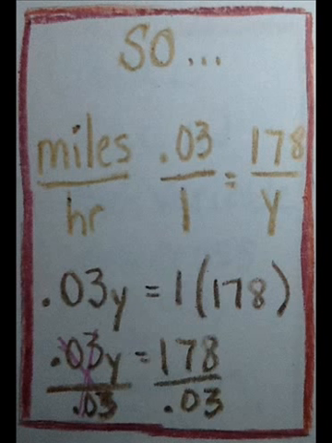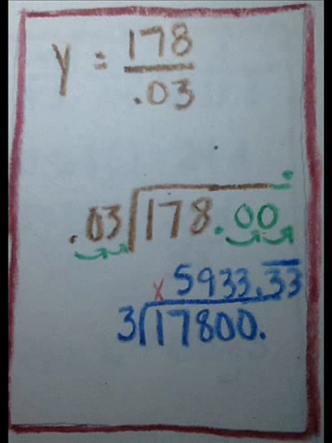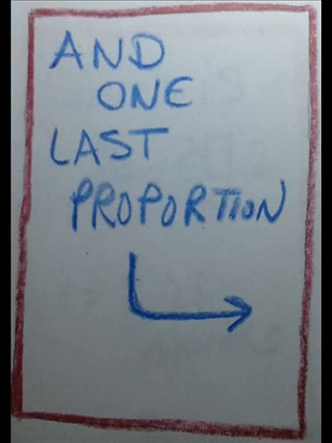So, when I set it up, give me just a sec. Wait a minute, I've set it up, and I've come out to where I have y equals 178 divided by 3/100. I've moved my decimals over. Okay, now I worked it out to 5,933 and 33/100.